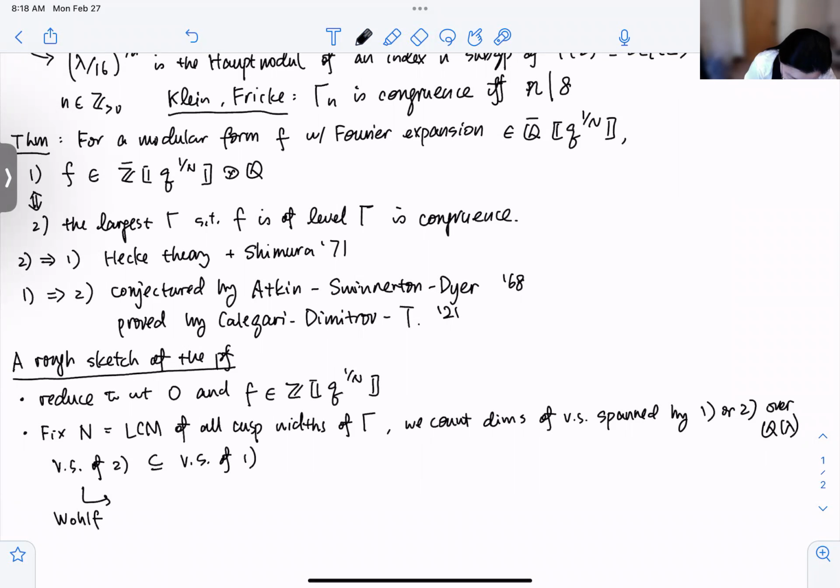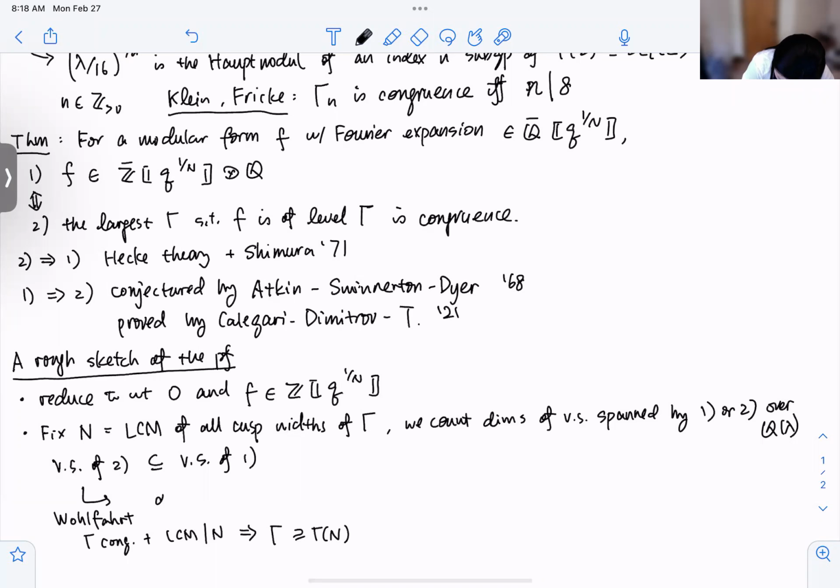The LCM is called the Wolfart level, because if it is a congruence subgroup, then the LCM of the cusp widths divides n, which implies that gamma contains gamma(n). So that's why we can use gamma(n) to count the dimension.